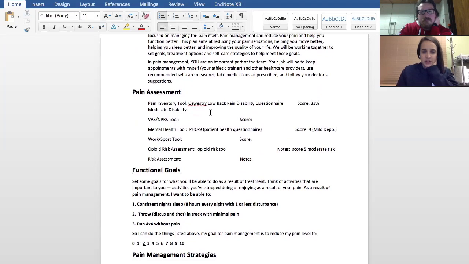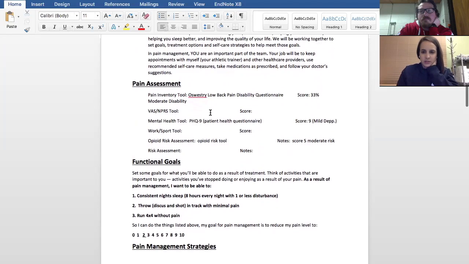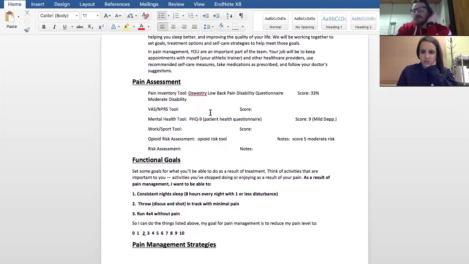What does this patient do? What is their primary sport? Just track right now, but this is something that we've been battling. Well, he's been battling it for the last couple of years, since before I got here. I've been helping him treat it conservatively, and we've been managing his pain.